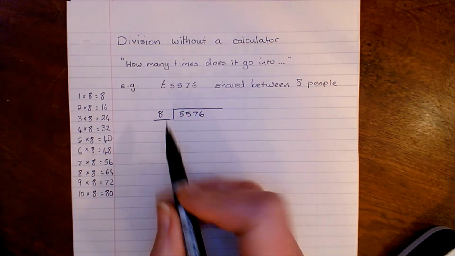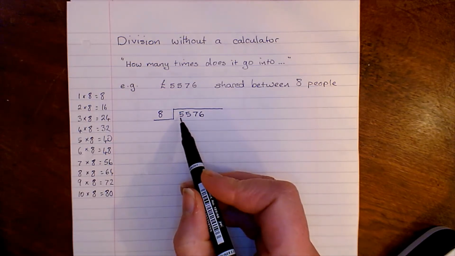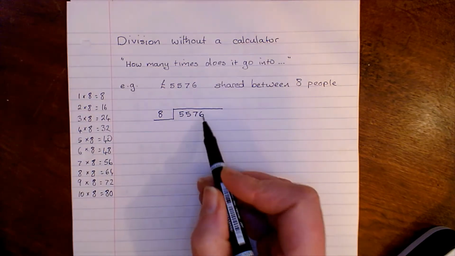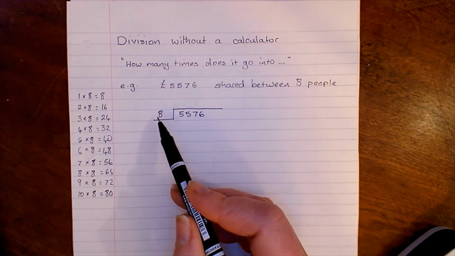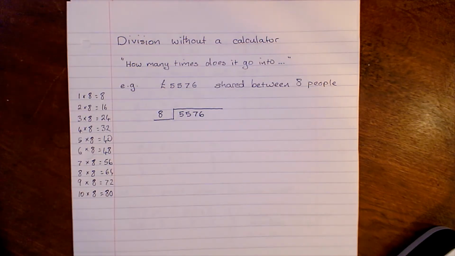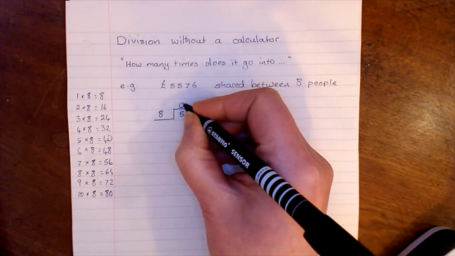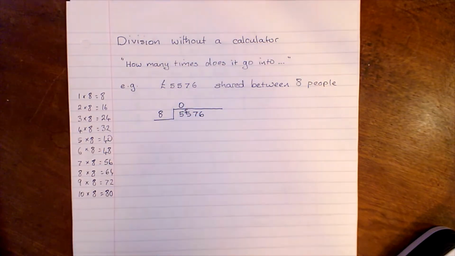So, then you just start saying, how many times does it go into? And you work from the largest digit, in this case thousands, down to the smallest digit, in this case the units. So, how many times does 8 go into 5? Well, it doesn't very comfortably. So we'll just write a 0 up there, and we'll carry that 5 over there.